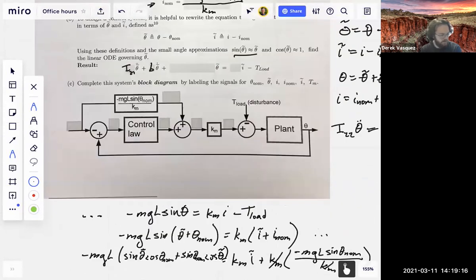So this term right here is going to be a minus mgl cosine theta nominal. And this one is just going to be a k sub m.